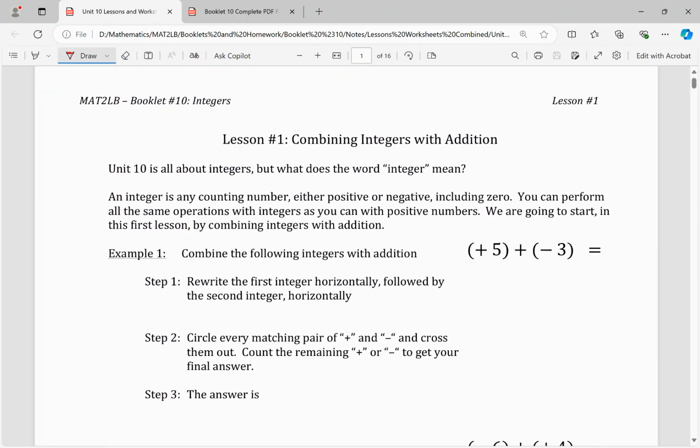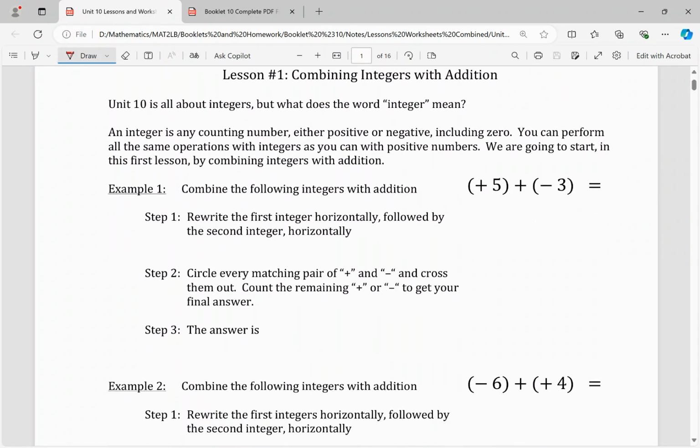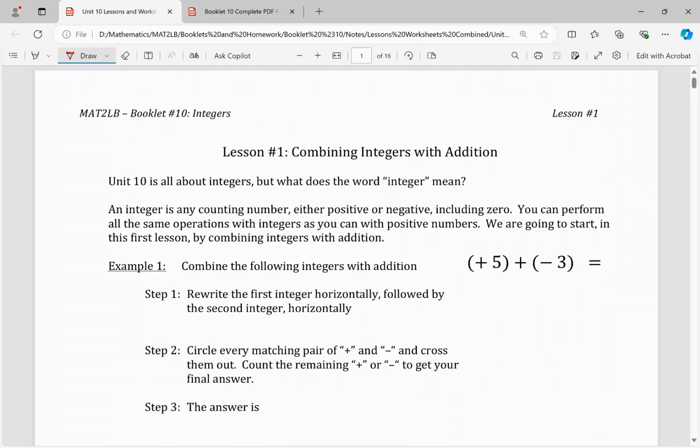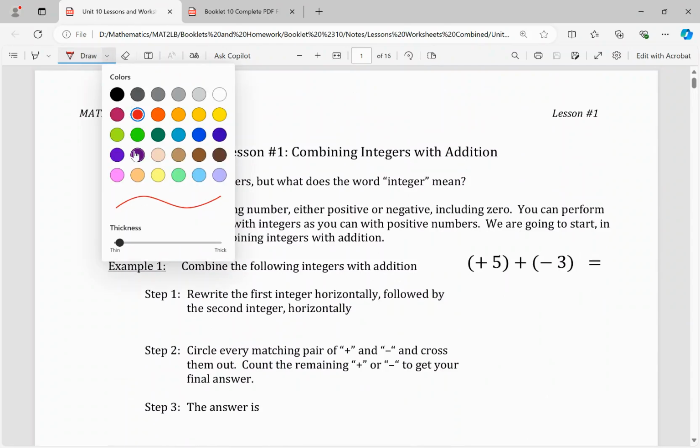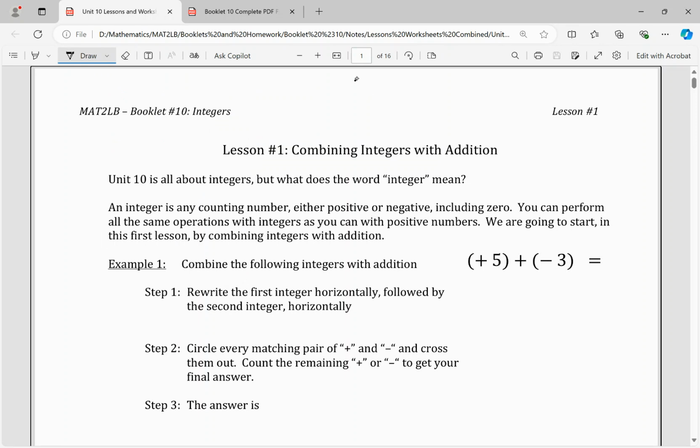Now, before we start this note, there is one concept that I want you to write, and you can just put this at the top of your page, and that's how we're going to handle multiplying our signs. So what do I mean by that?